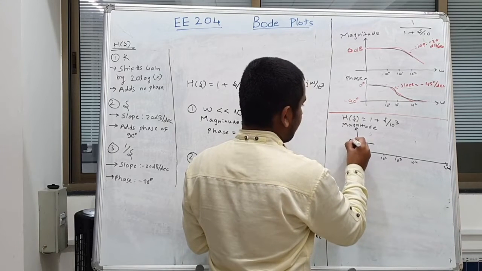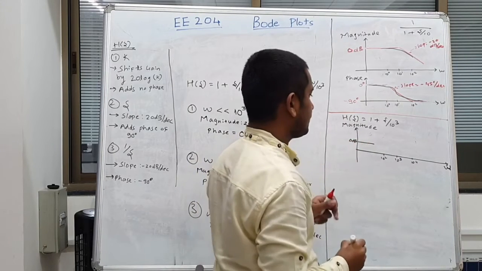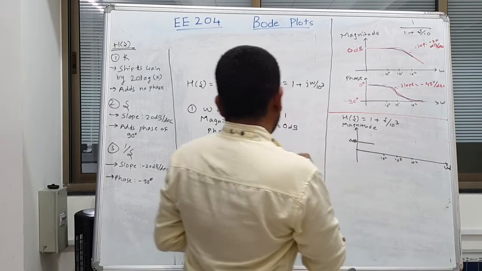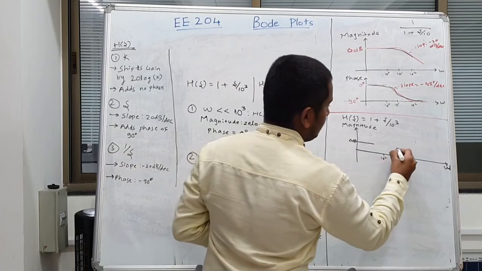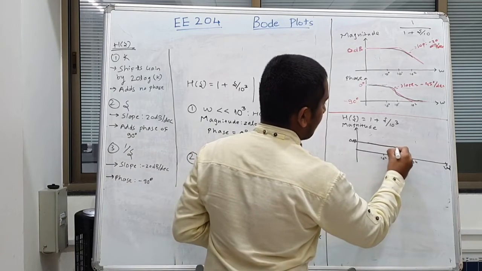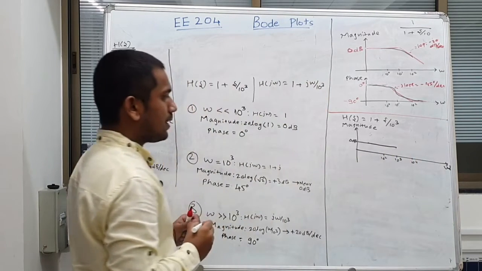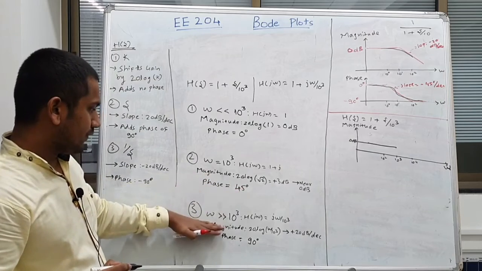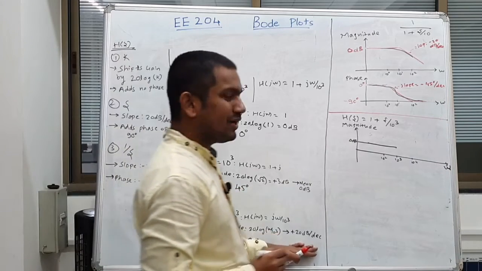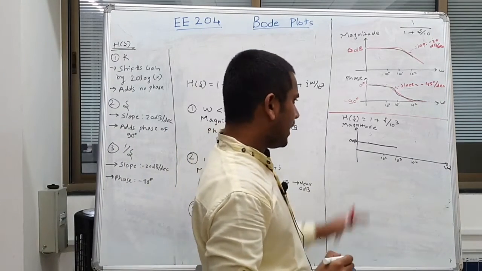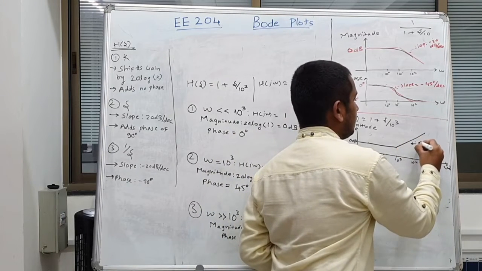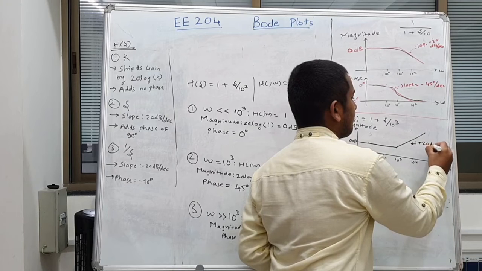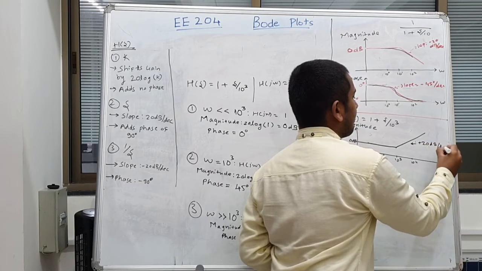It stays at 0 dB till we reach the corner frequency, and beyond that it shows increment in the magnitude plot with a slope of plus 20 dB per decade.